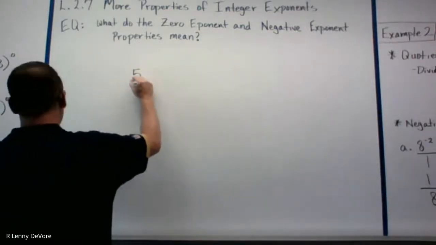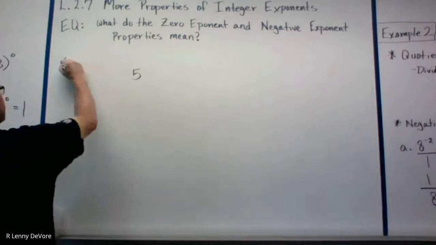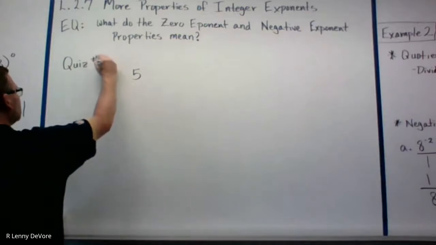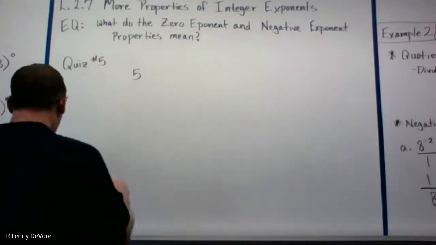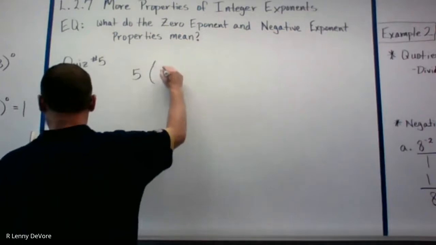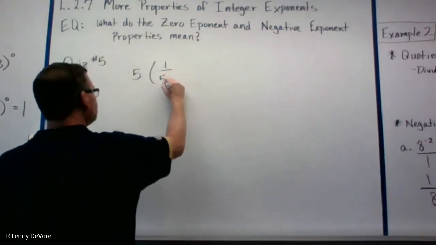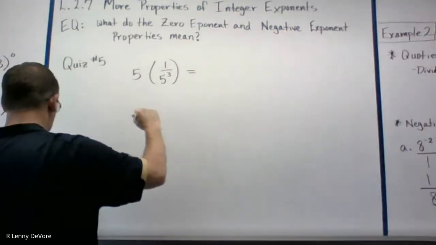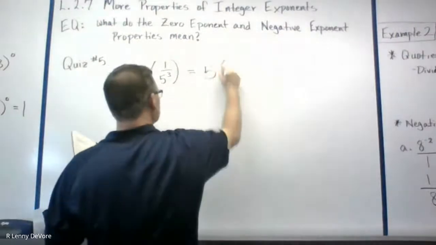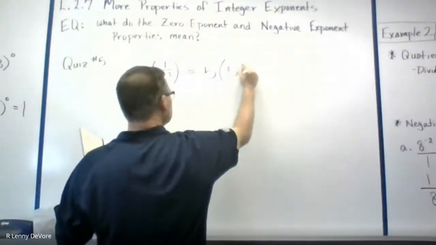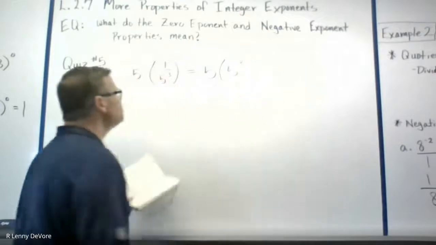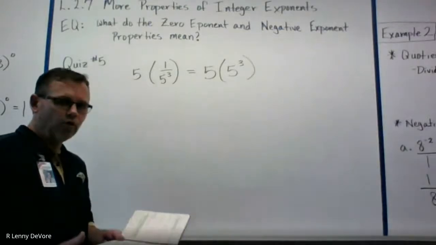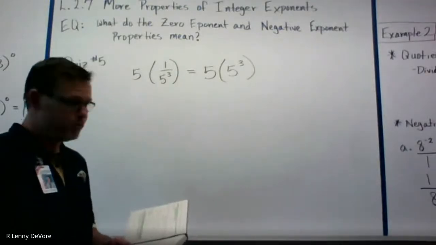And I should tell you, this is quiz number 5. If I have 5 multiplied by 1 over 5 to the third power, does that equal 5 multiplied by 5 to the third power? Now, it's going to ask you more than that, but I'm going to solve this for you so you can see what we're talking about, and hopefully this will give you a greater understanding of all this information.